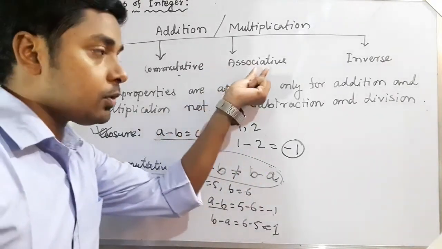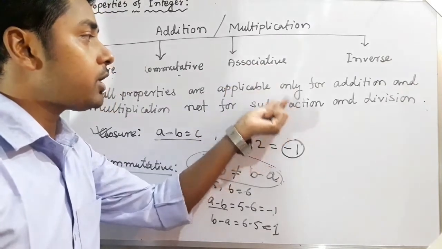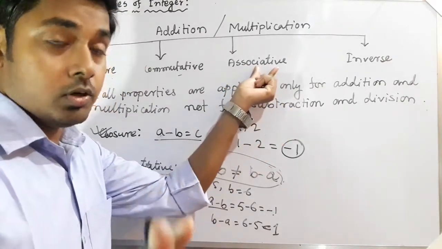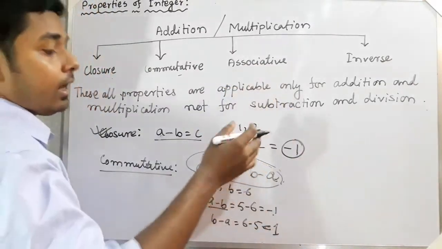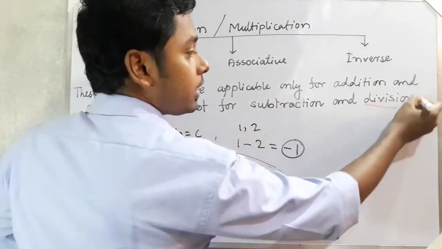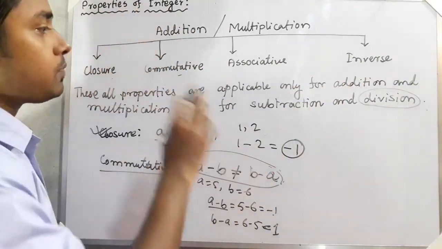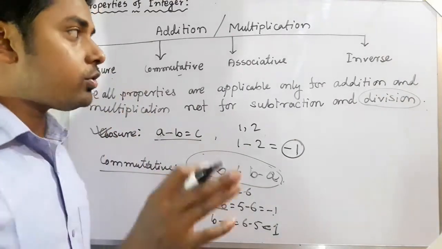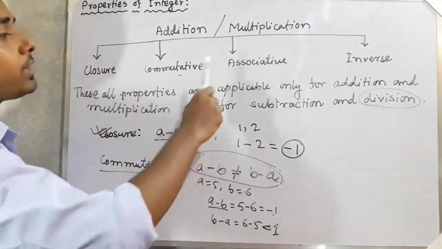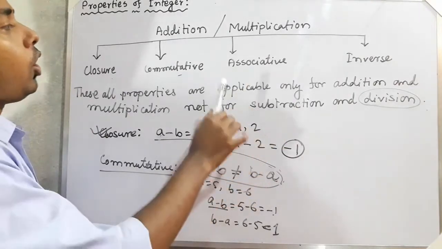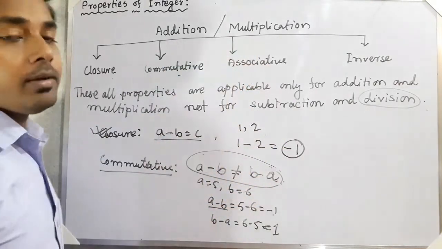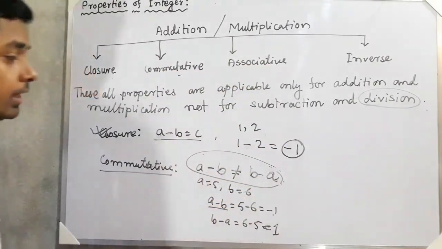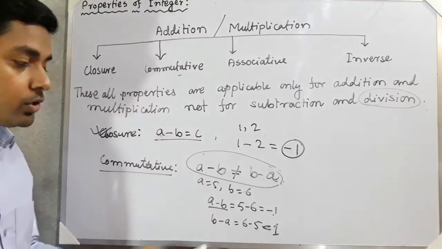For the associative property also, for subtraction it is not applicable. In the same way you can check for division also, these properties are not applicable. So these properties are applicable only for addition and multiplication. Now first of all, pause the video to note it down.